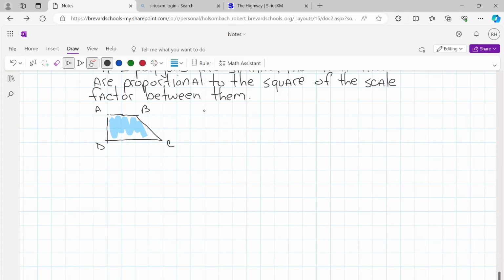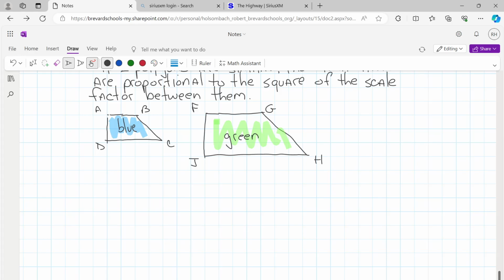And then they've got the bigger polygon, FGHJ, and that one's a green one. Or you can just put a G in there. This one's blue. This one's green.